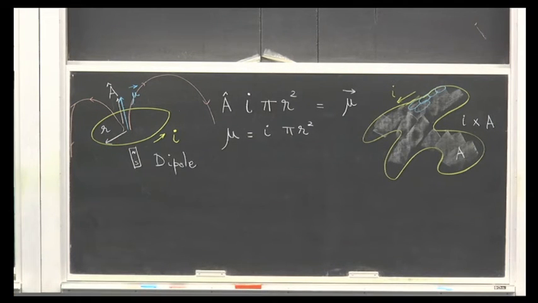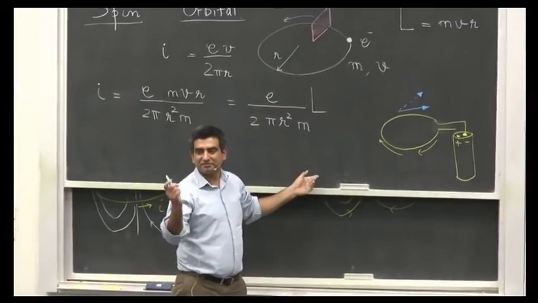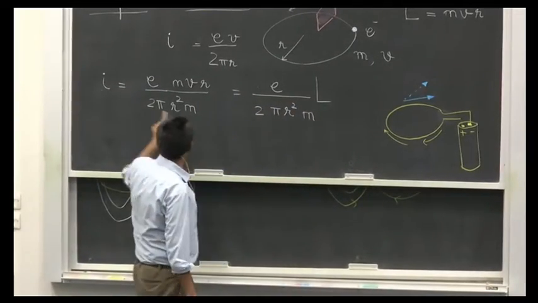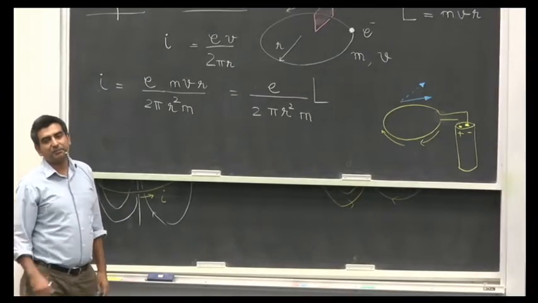Now let's come back to this relationship over here. This is I. If I would like to find out the magnetic dipole moment of this moving charge, I will simply take this I and multiply it with pi r squared.